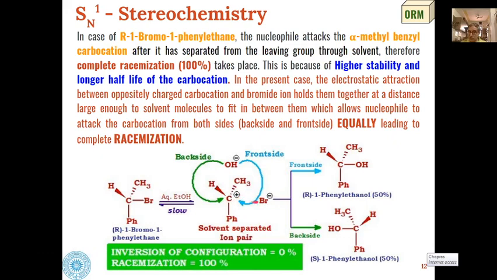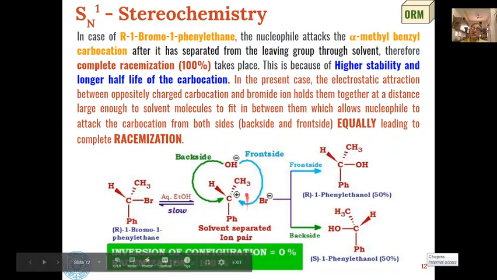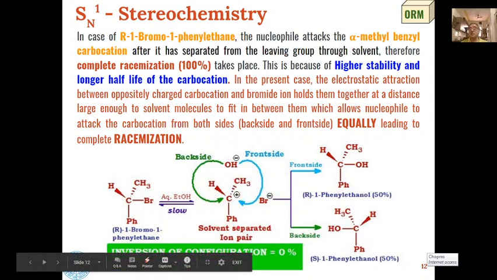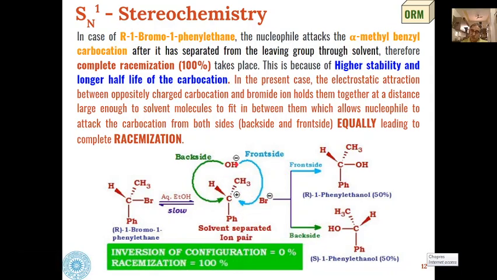Now these cation and anion, they are not intimate enough, and because of the stability of this, it immediately gets separated by the solvent, and now the front side attack as well as back side attack, they are equally possible.